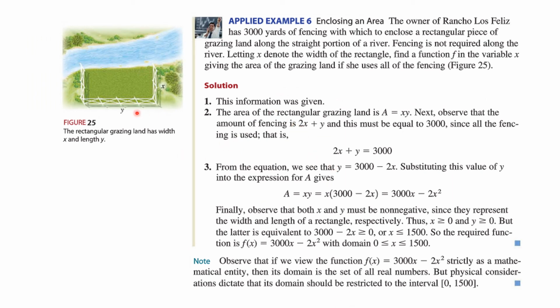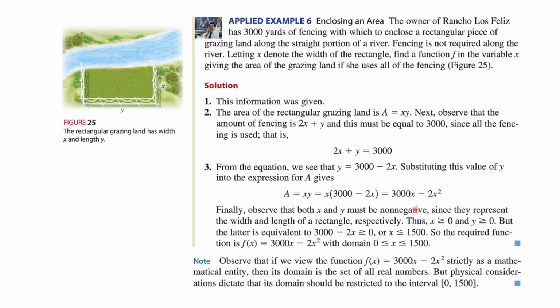Let's see how you did. Okay, so there are two sides that are called x, the other side that's called y, and if I add them together I get 3,000. That means that y, solving for that, is 3,000 minus 2x. So the area is x times y, but we found that y was 3,000 minus 2x, so this is what we get.